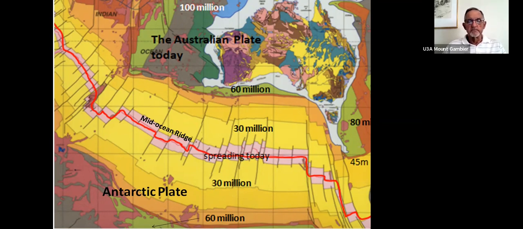So we have the yellows there representing perhaps 30 to 50 million years, 60 million years for the olive colour. Some older crust in the Tasman Ocean in the far right, going back 80 million years in that zone there.